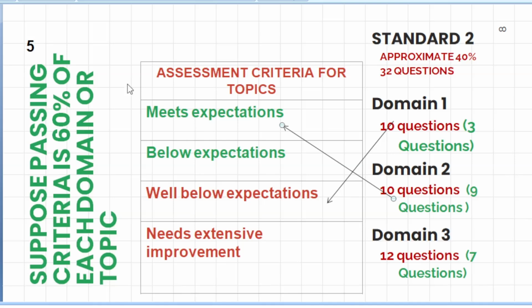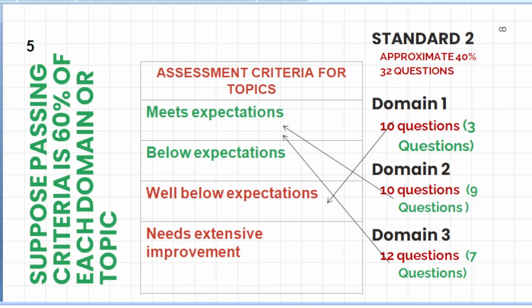Again, for the other one, meets expectations. So again 9 plus 7, that will be 16, right? Overall, you are meeting the expectations. This is one thing.